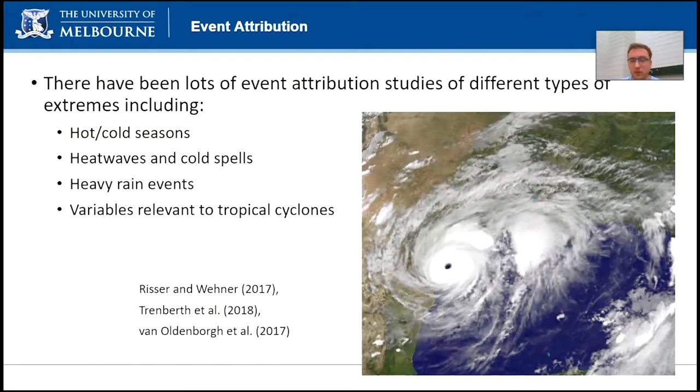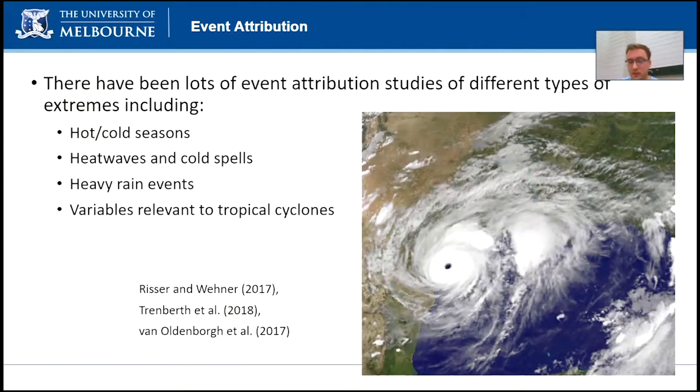But also recently there's been a focus on tropical cyclones, and this has been triggered by the fact that in the North Atlantic last year there were quite a lot of devastating tropical cyclones across the US and the Caribbean. Hurricane Harvey alone, which I'm sure many of you remember, caused a lot of flooding in Houston, in Texas particularly.